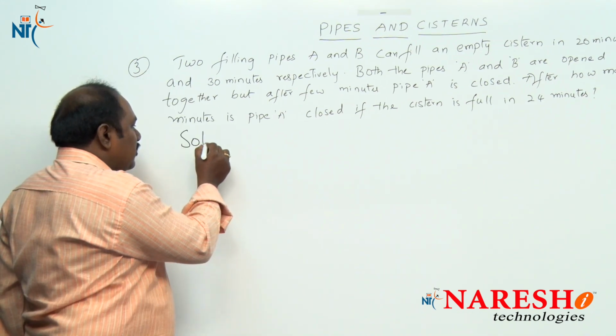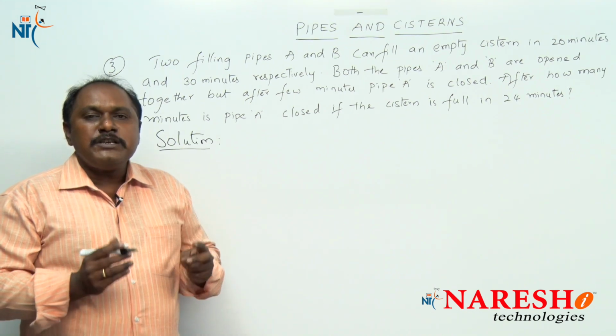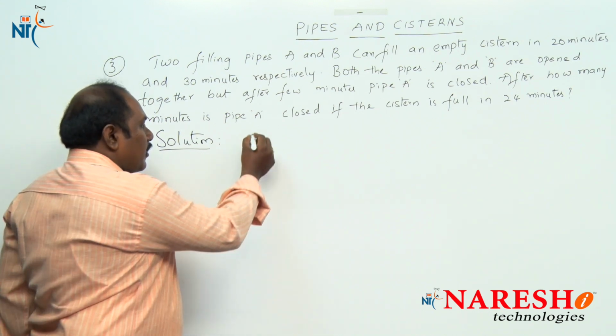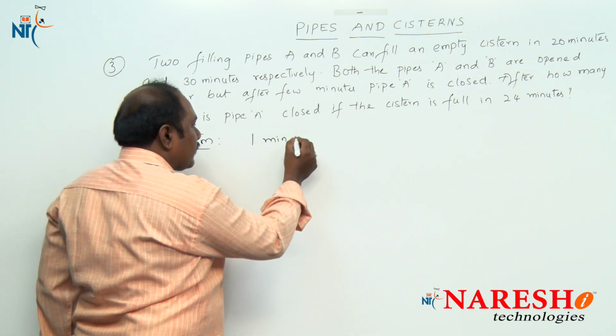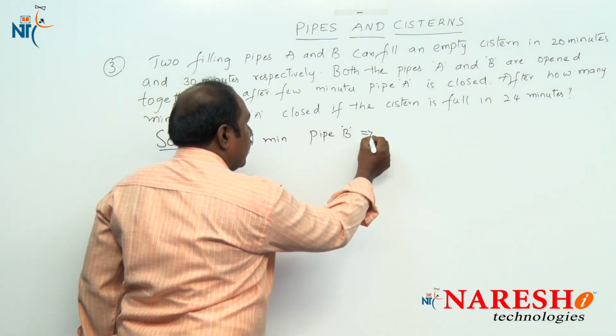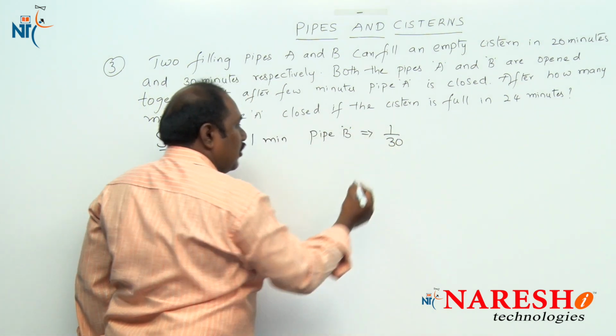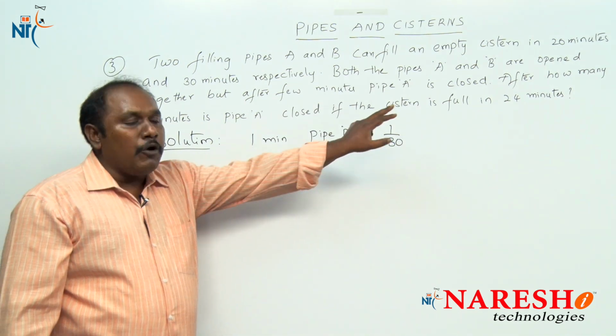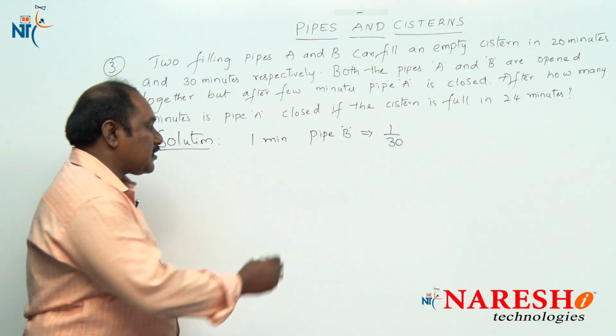Now, let us solve this problem. How much part of the tank will pipe B fill in 1 minute? In 1 minute, pipe B fills 1/30th of the cistern. Now, this pipe B is for all 24 minutes.